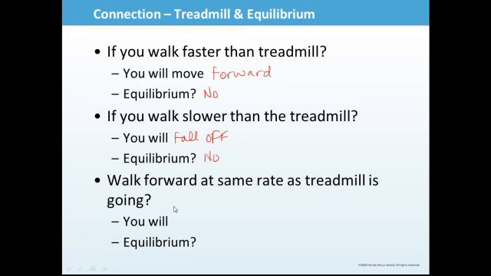Let's say that you are walking forward at the same rate as the treadmill is going backward. You will stay in place. In fact, to somebody who's looking at you from a distance, you might look like you're not even moving at all. This is equilibrium.